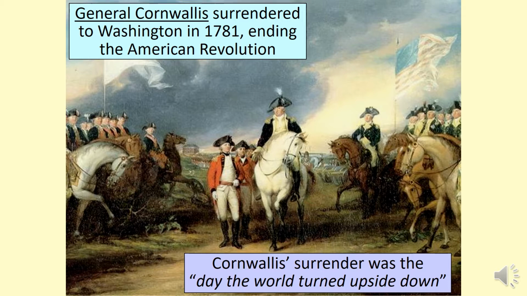They were now independent. So Cornwallis is going to surrender, and he calls it the day the world turned upside down, that these scrappy colonials could actually beat the biggest army ever. You have to understand, the British sent more troops to the colonies than they had ever sent anywhere in the history of their military. And so for the colonists to defeat that many English troops was just an amazing, amazing thing.